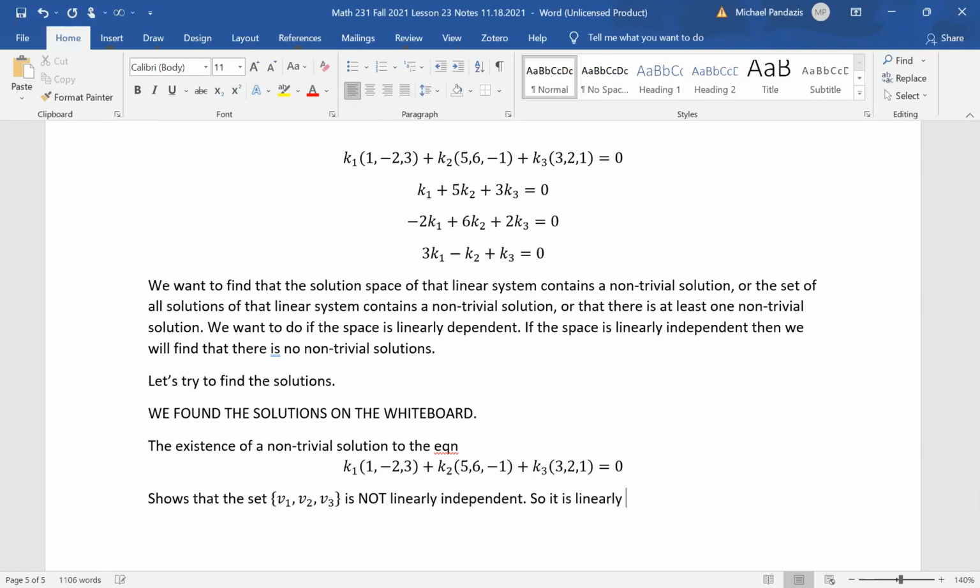So it is linearly dependent, by the definition of a linearly dependent set, one that is not linearly independent.